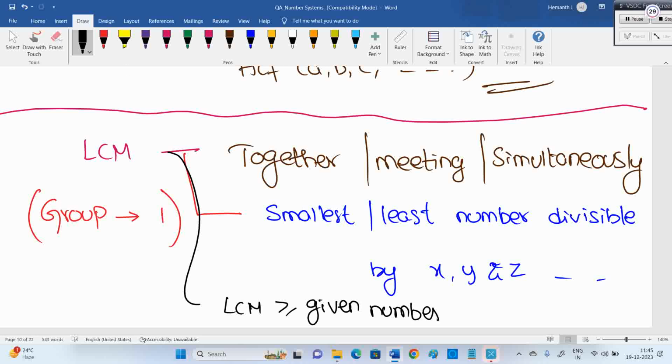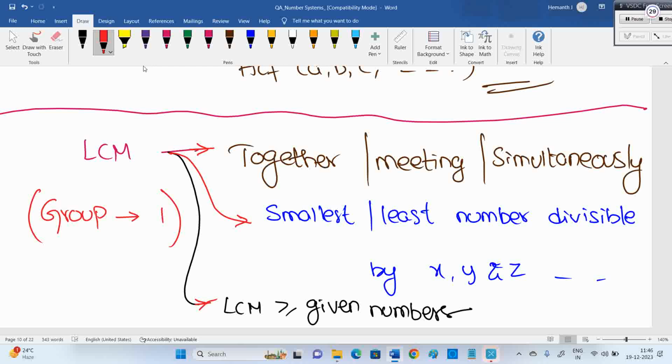Many people struggle in the exam about where to apply LCM and where to apply HCF, so I'm giving you different clues. When a group is attacking one number, or smallest number divisible by, least number divisible by something, then you have to apply LCM. Together, meeting, simultaneously, you have to apply LCM.